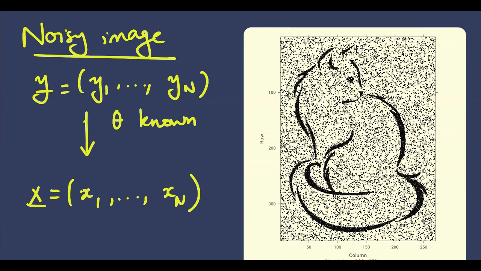In Bayesian terminology, the initial distribution we assume on the unknown true image is called the prior, and the conditioned distribution, when we've conditioned on the noisy image and theta, is called the posterior.